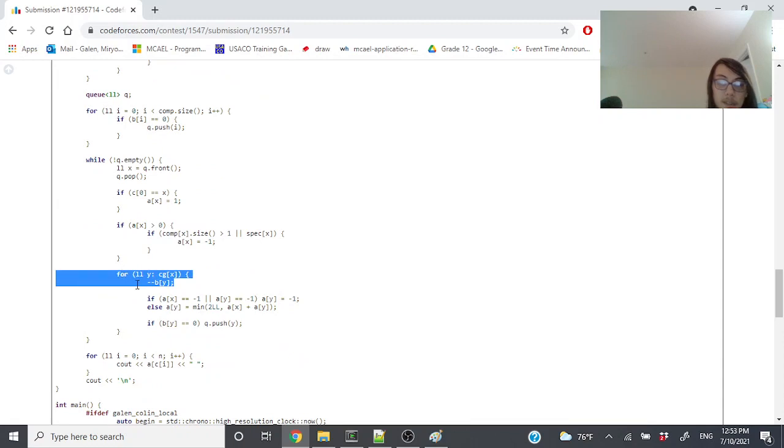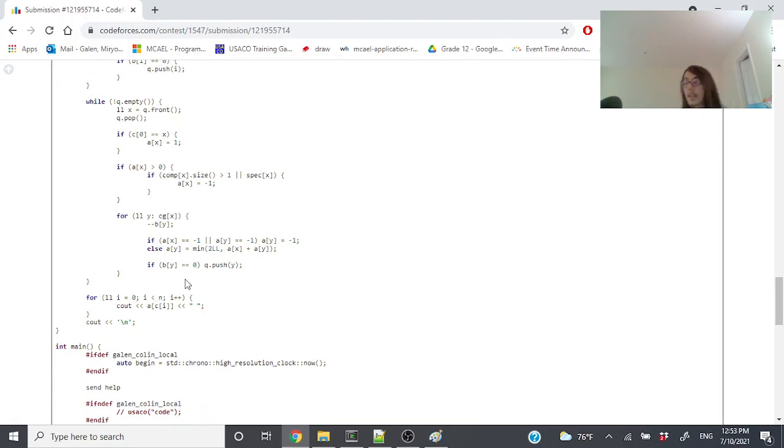Then for each outgoing thing, if either of them are infinity, keep it at infinity. Otherwise, take the minimum of 2 and the number of paths. Then topological sort. And then each SCC has the same answer. Every node in an SCC has the same answer, so we just print the answer for the SCC that it's in.